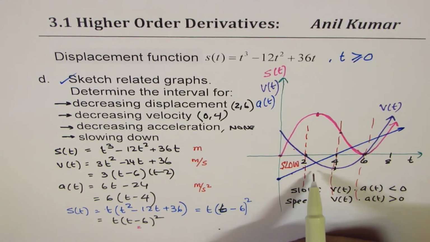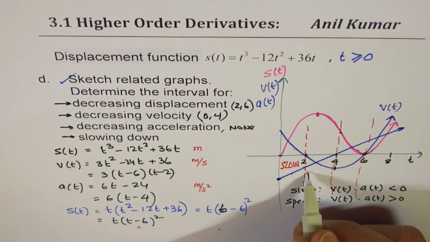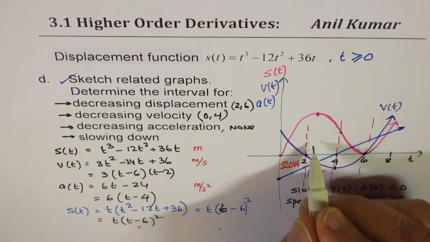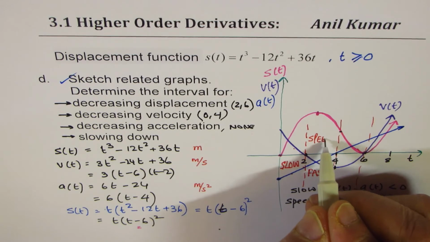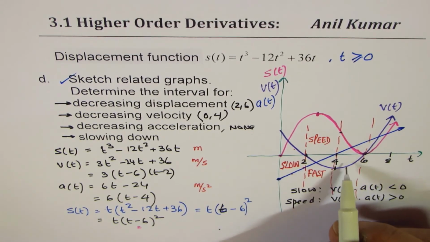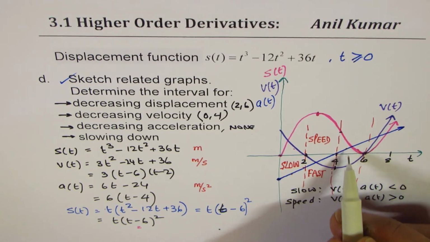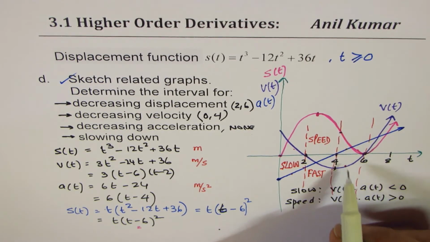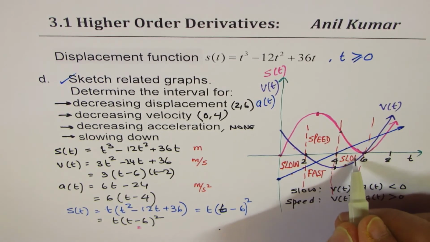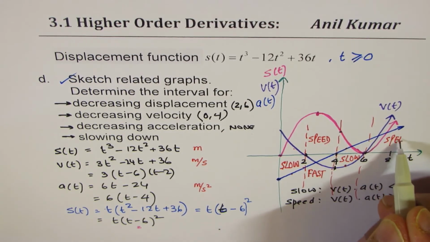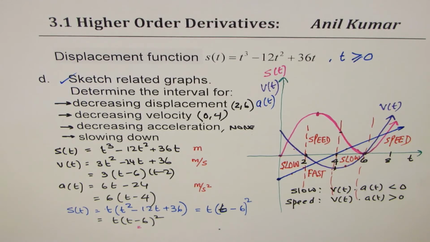Now both are negative, so that means speeding up. After this, acceleration becomes positive, velocity is still negative, so it is again slowing down. And after 6, it is speeding up. Does it make sense to you? That is how we get the relation between slowing down and speeding up.